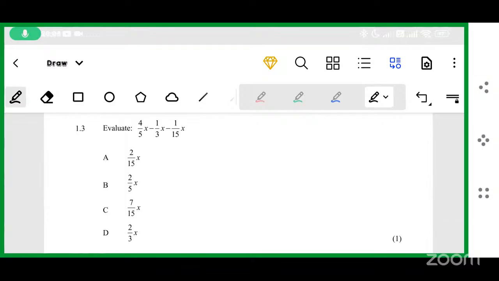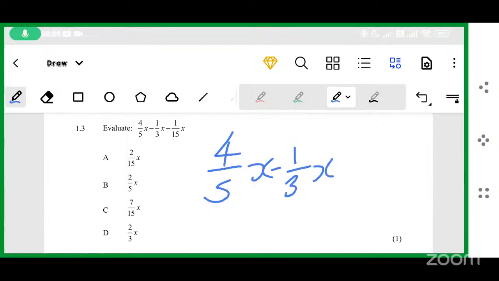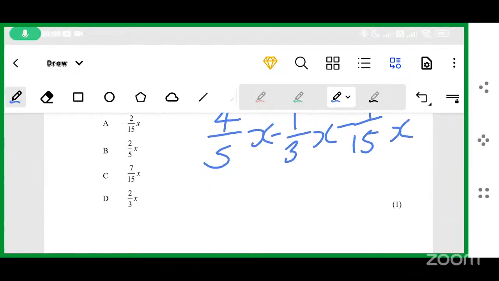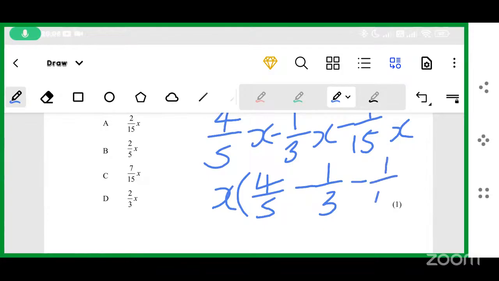Okay, let me confirm that. So we have 4 over 5x minus 1 over 3x minus 1 over 15x. So we can just simply say x times 4 over 5 minus 1 over 3 minus 1 over 15, and we have our x here.